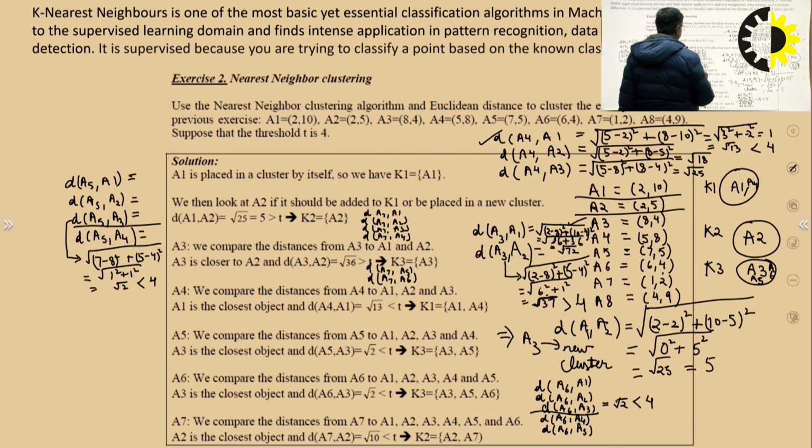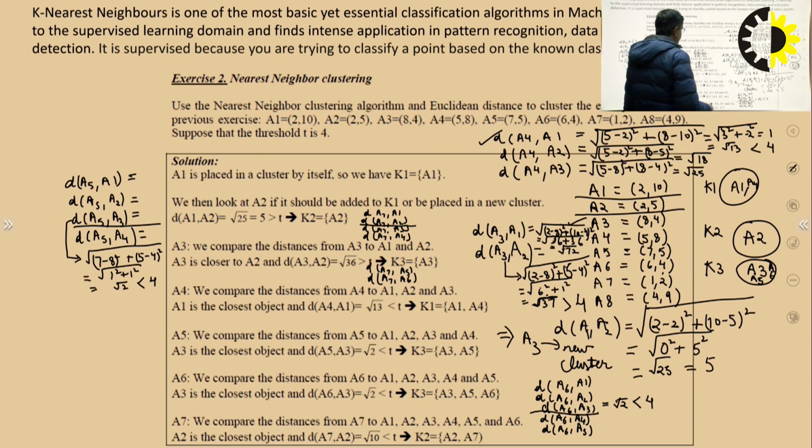When we calculate all these Euclidean distances for the point A7, we will find that the distance between A7 and A2 is the shortest among all the Euclidean distances.